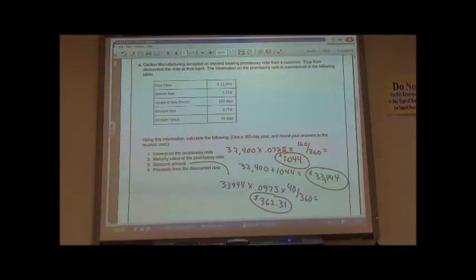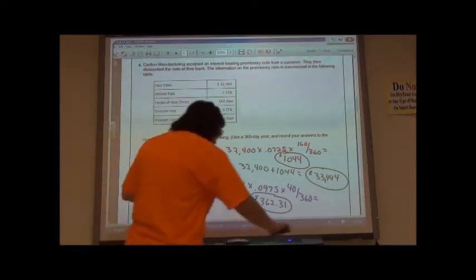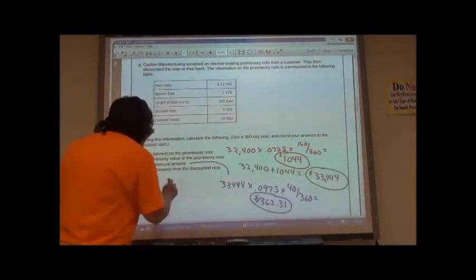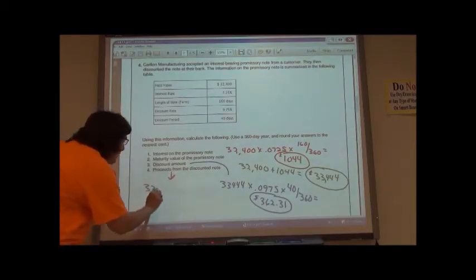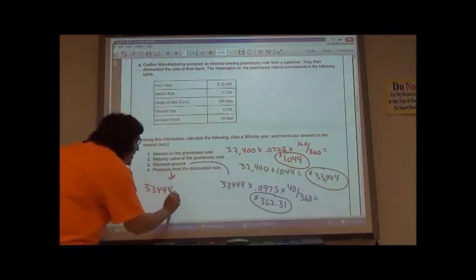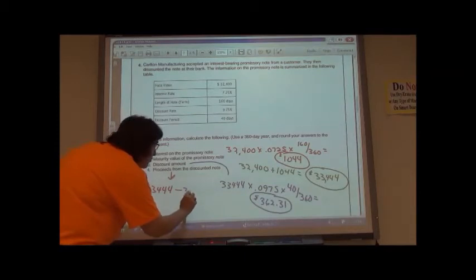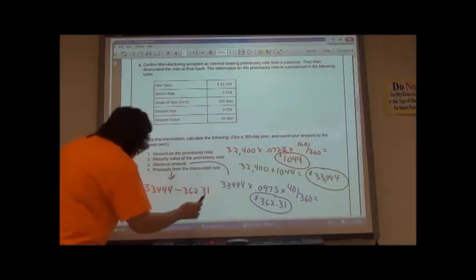$362.31 is the discount. So the proceeds, the amount they're going to receive from that discounted note, is they're going to take the value of it, the $33,444, subtract off the discount $362.31.